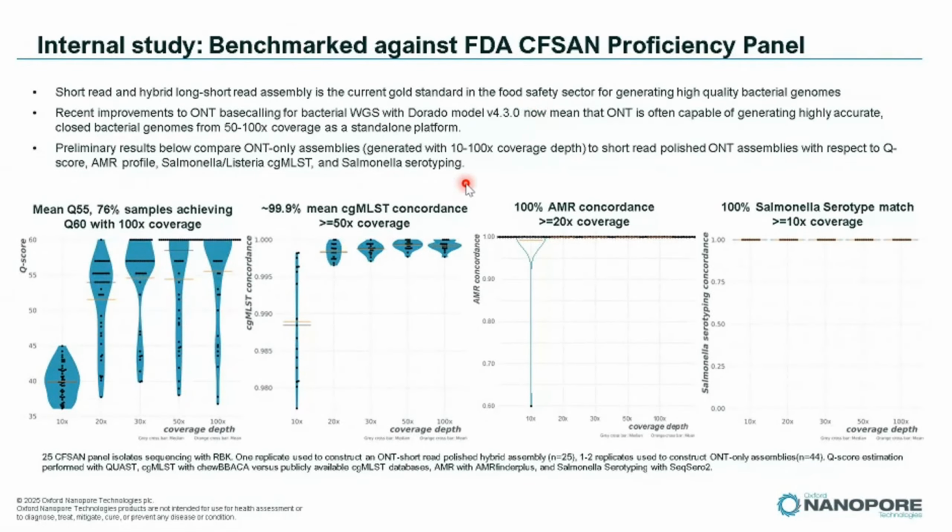We have a Q55 for our sequencing data, and a very high 99.9% mean cgMLST concordance to the reference strain. We are able to detect the antimicrobial resistance genes, and the detected gene sequences are 100% concordant. For Salmonella, we require information like the serotype, and based on our sequencing information, we get a 100% match with the reference data.